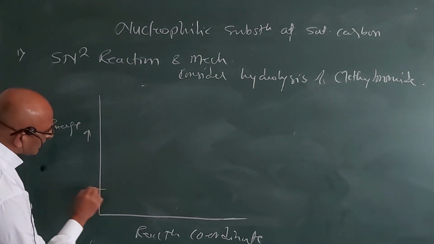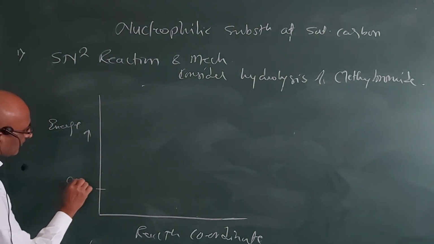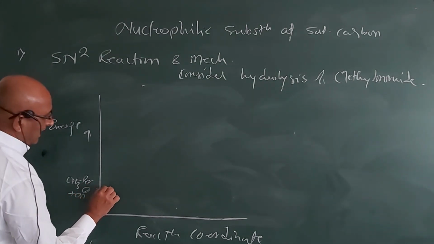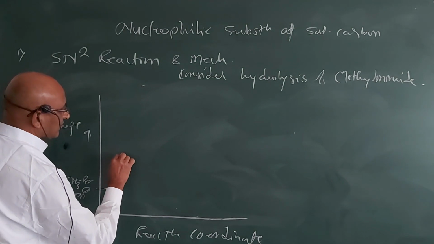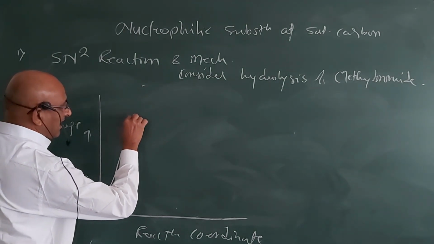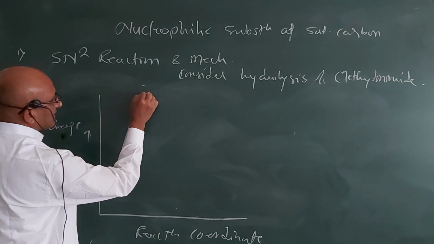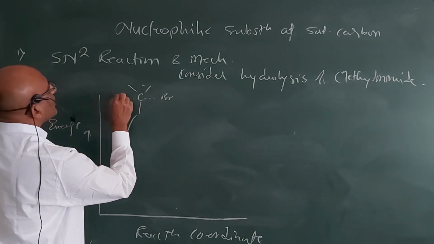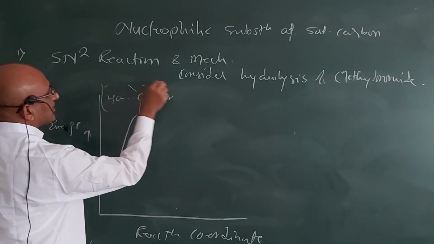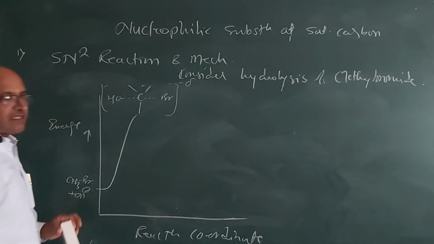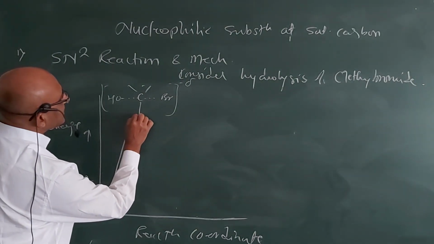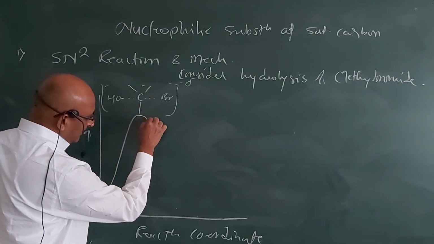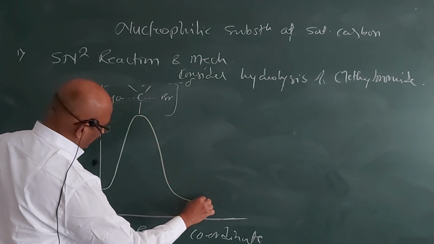So here, we see that methyl bromide reacts with OH minus, and as the reaction starts, the energy of the reaction goes on increasing, and as it attains the transition state, the partial bond breaking and partial bond formation is the step of highest energy in the reaction. This is the slow step, the rate determining step, and as the C-Br bond breaks, you get the formation of the product.